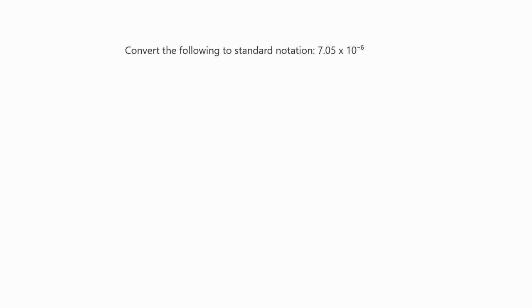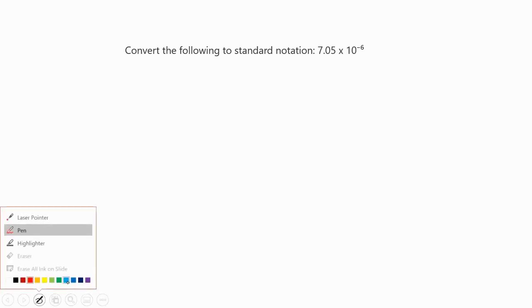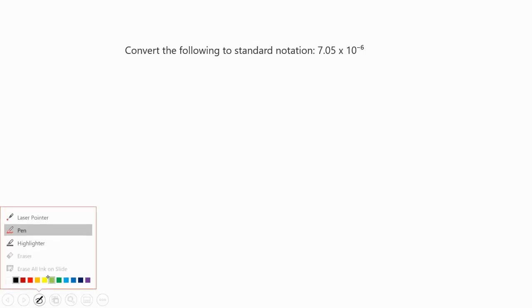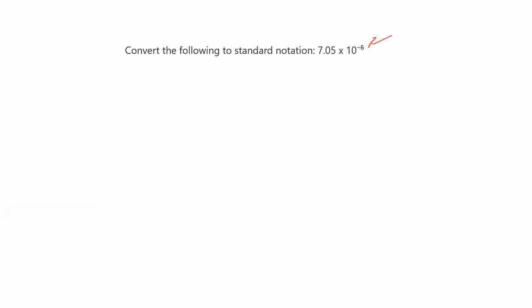All right. Next one, we just kind of learned this, and we'll go over this a lot more, as it seems many of you hadn't seen it before. When we have a number like this, since it's a negative exponent, that's telling us that this is going to be a fraction of a number. So it's going to start with 0 point something.